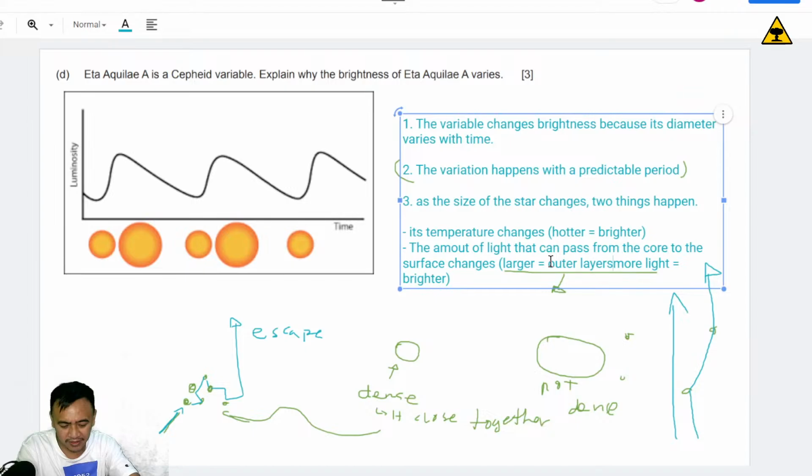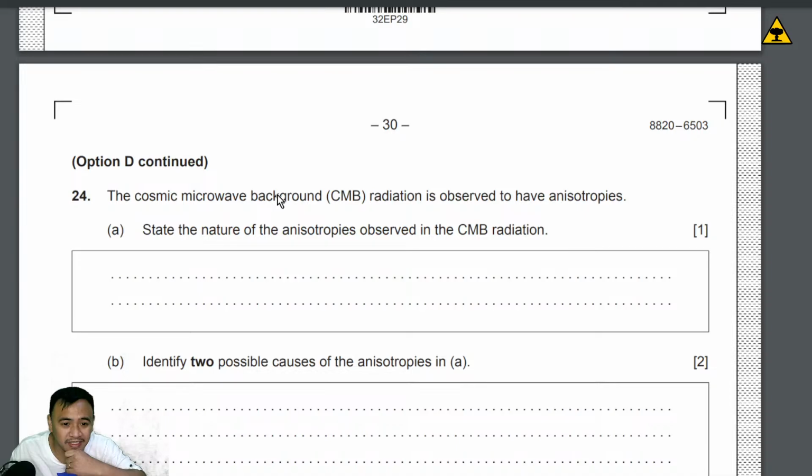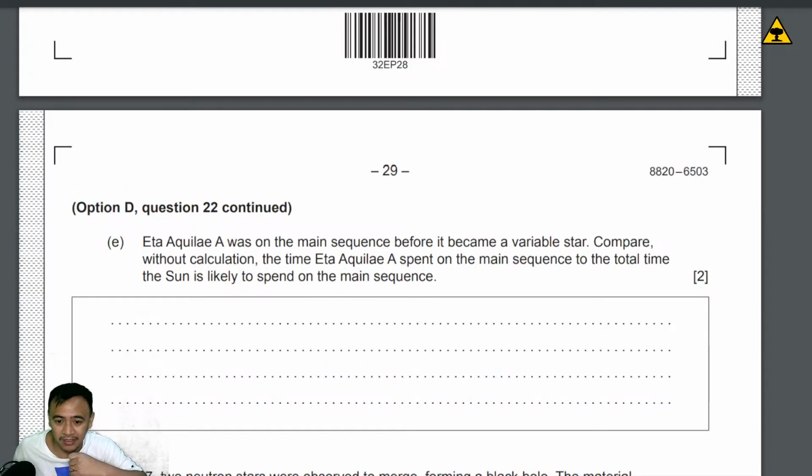Okay, let's finish. I think this is gonna be the last. I still have a few questions here. Eta Aquilae A was on the main sequence before it became a variable. Compare, without calculation, the time Eta Aquilae A spent on the main sequence to the total time the Sun is going to spend on the main sequence.